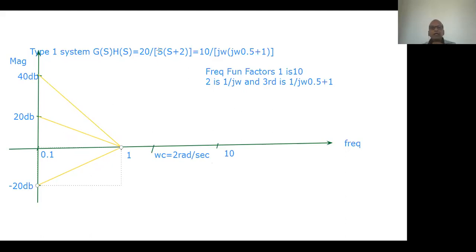And then again consider the first frequency function factor, that is K, the multiplying gain factor, K equal to 10. Magnitude equals 20 log 10 to the base 10, which is equal to 20 dB.